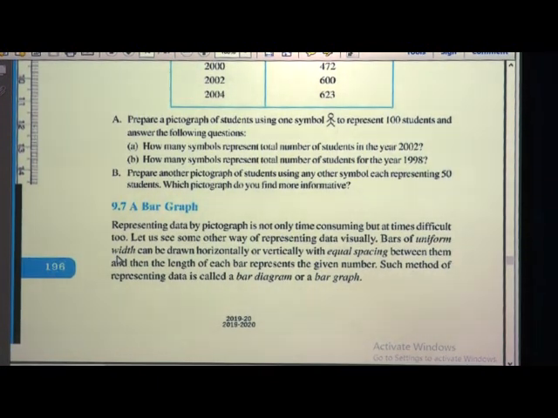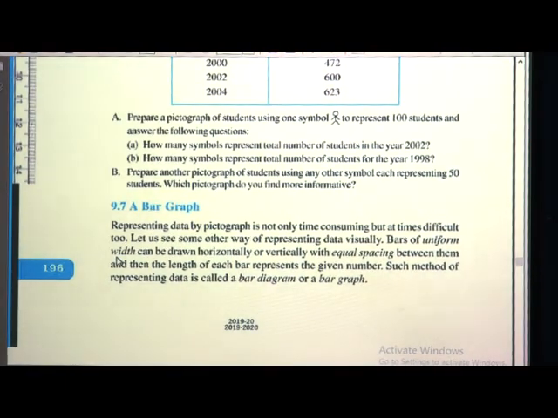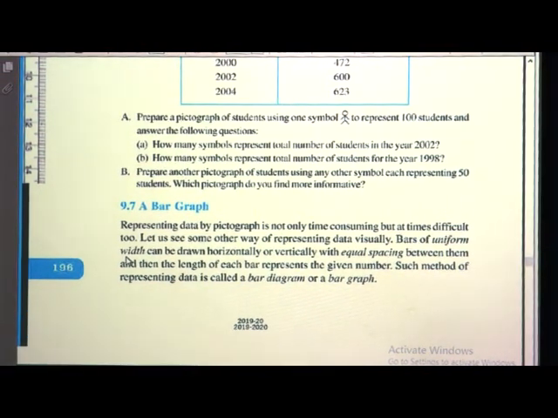See students, as we have seen about pictograph, it is very easy when the picture is given and we can answer by seeing the picture, right? But if the data is given and we need to draw the pictograph by using that data and then solve the answer, it is time consuming.